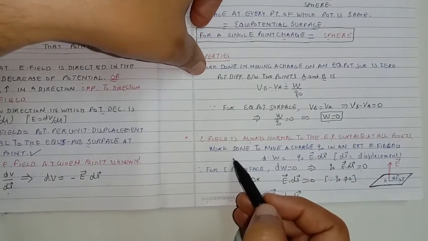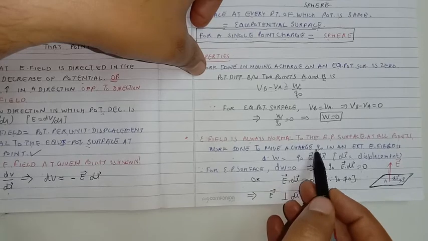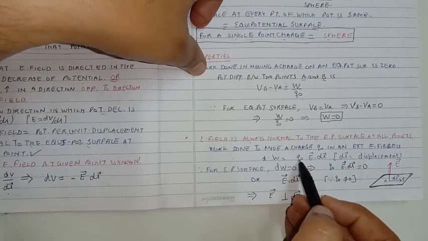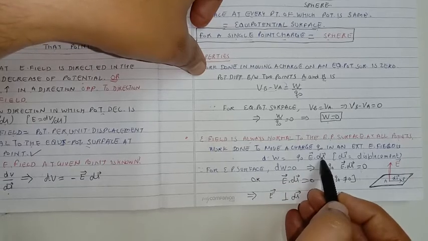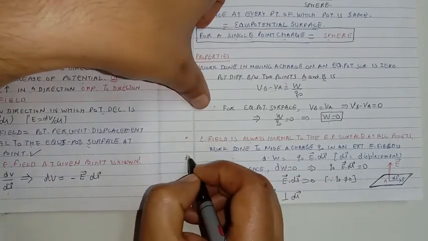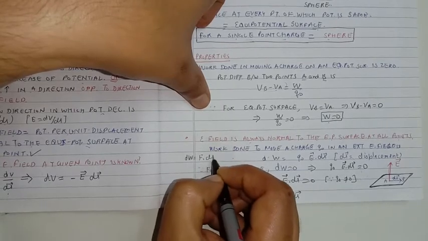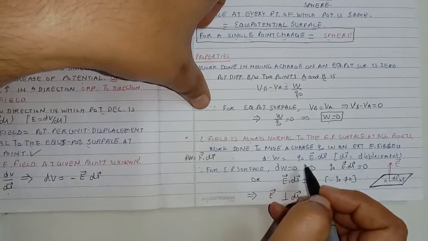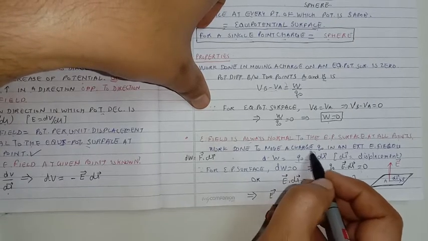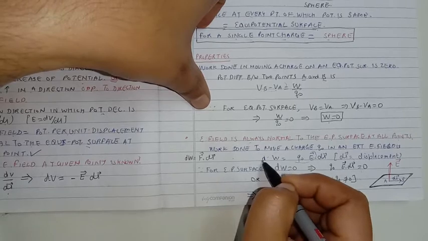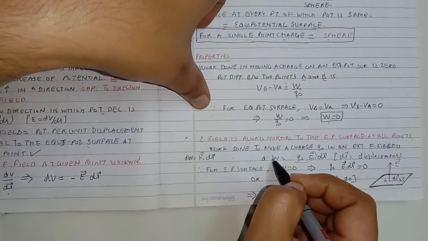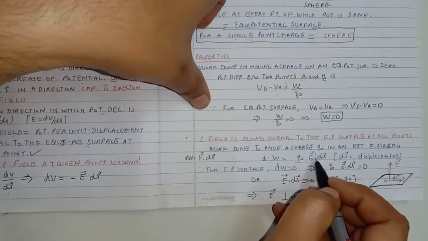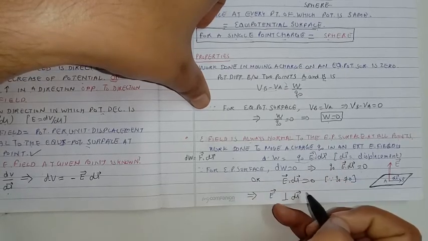We know that work done to move a charge Q naught in an external electric field is given by dW equal to Q naught E dot dr, where we have used the expression that work done dW is equal to F dot dr, and when any charge Q naught is present in an external electric field, the force acting on it is given by Q naught E. So work done to move the charge Q naught in an external electric field is dW equal to Q naught E dot dr, where dr is the displacement.